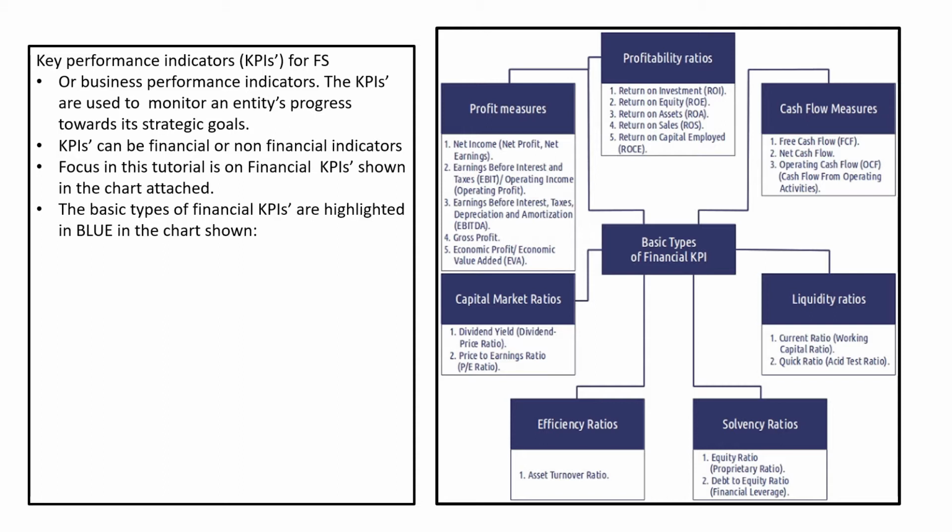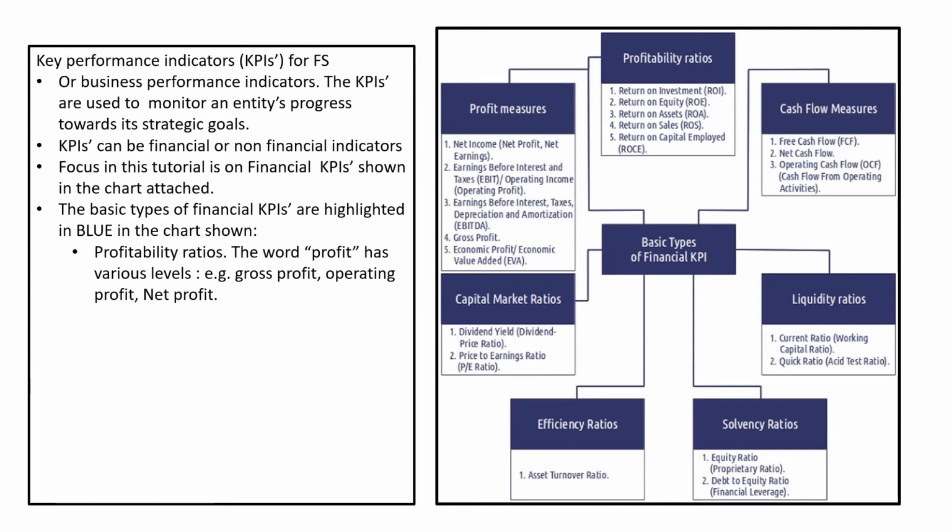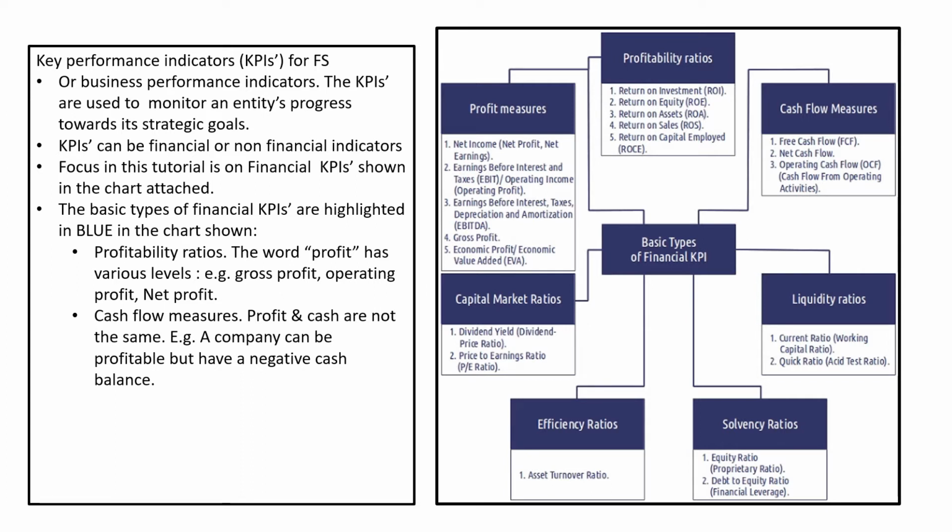The basic types of financial KPIs are highlighted in blue in the chart shown. Profitability ratios, and again the word profit has various levels, for example gross profit, operating profit, net profit. Cash flow measures, and again this is important because profit and cash are not the same.